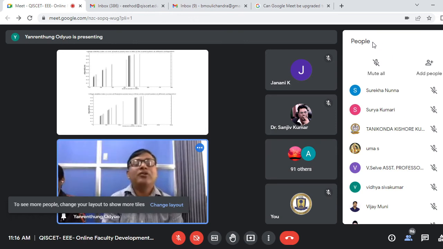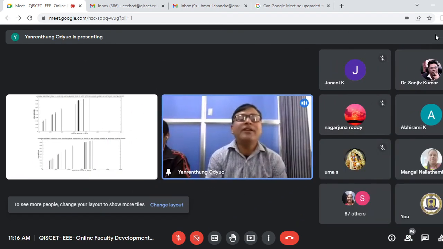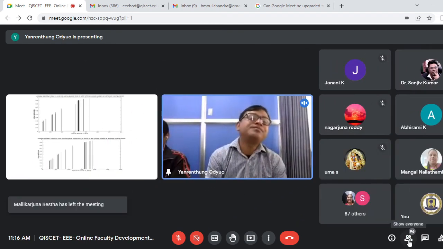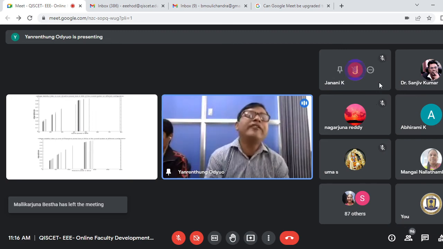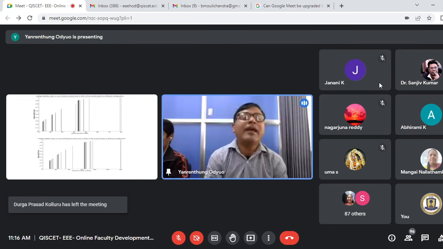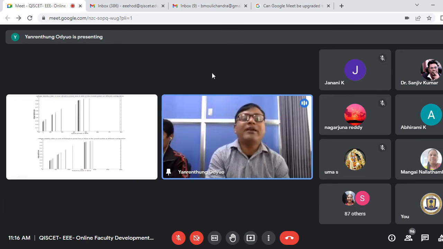Now if I show you the voltage stability, you can see for different voltage stability values as well as the active power loss what is there. Wherever the active power loss is less, the voltage stability index is also less.